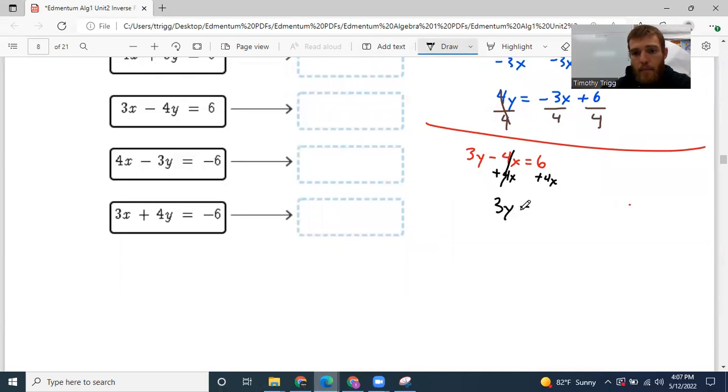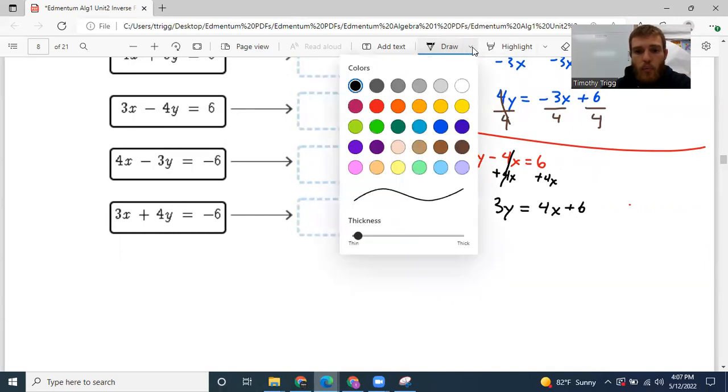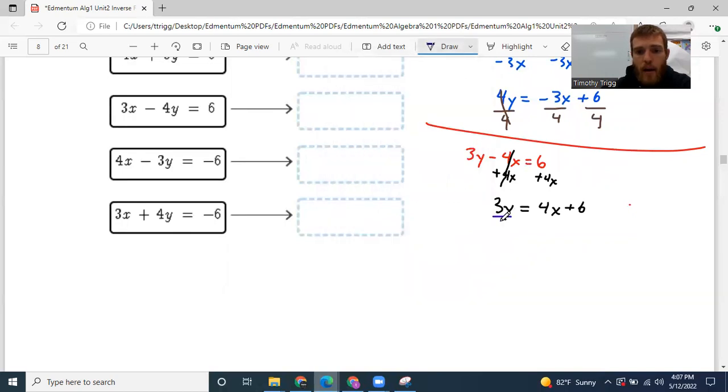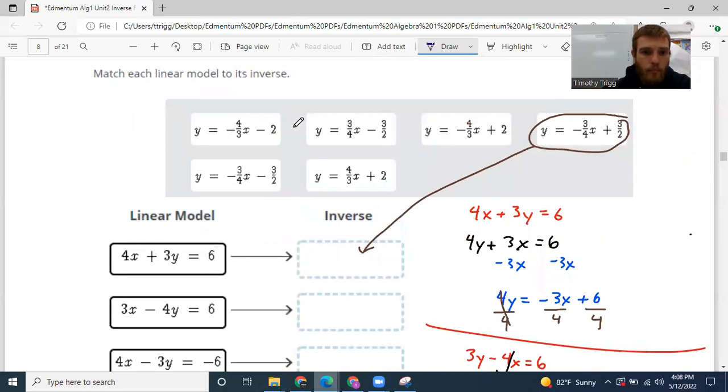This leaves us with 3y equals 4x plus 6. Lastly, to get y by itself, we're going to divide by 3. Remember, these are multiplied, so we cancel it with division. Divide each term by 3, giving us that y equals 4/3 x. 6 divided by 3 is 2, so plus 2. 4/3 x plus 2. So this one goes here.